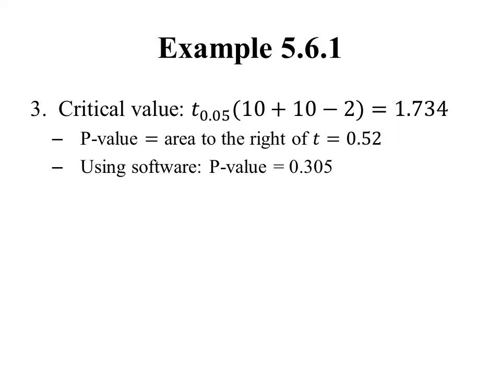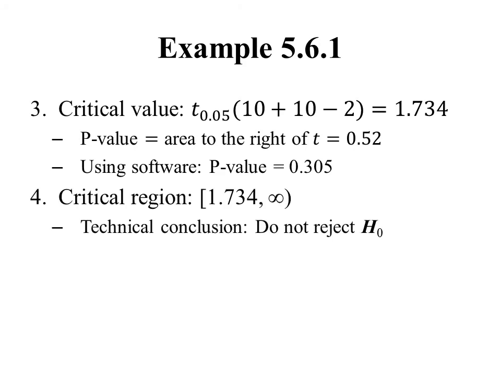The p-value is the area underneath a student t-density curve with 18 degrees of freedom to the right of our test statistic. It's to the right because the alternative hypothesis is that mu1 is greater than mu2. Now, like all the other t-tests before, we can't find that using tables. But if we use the software, the p-value comes out to be 0.305.